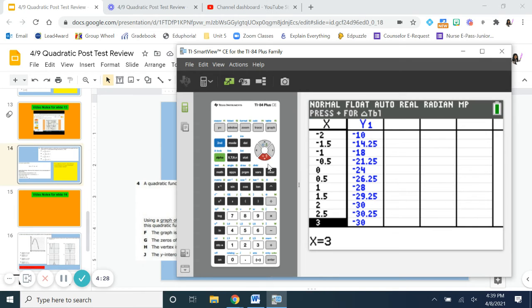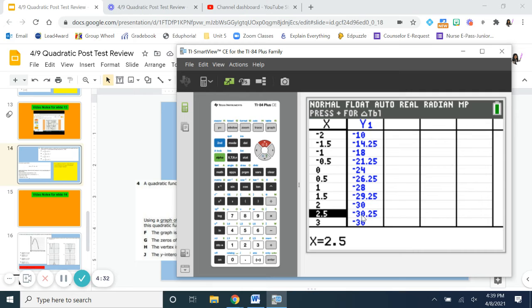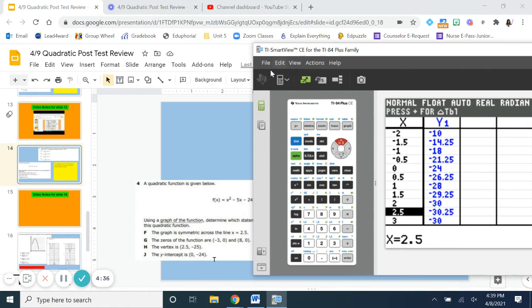And I see here at 2.5, my y value is negative 30.25. So if I look here, H says the vertex is at (2.5, negative 25). And if I notice here, the y is actually supposed to be negative 30.25. So that is actually not true. So H would be my not true statement.